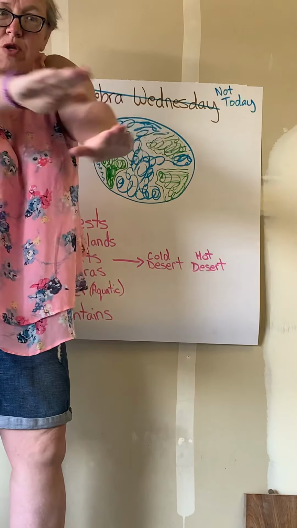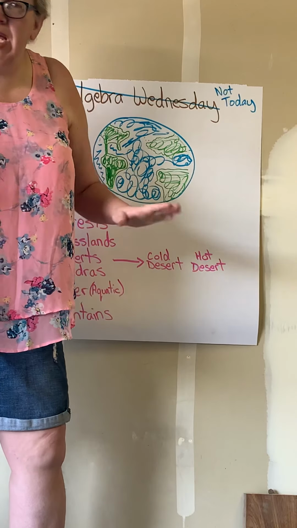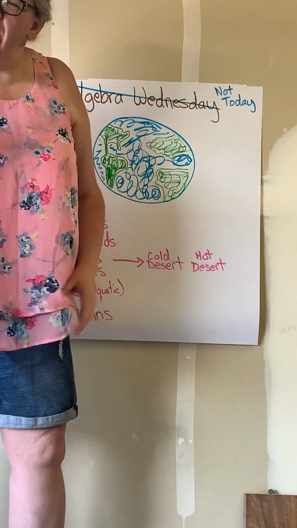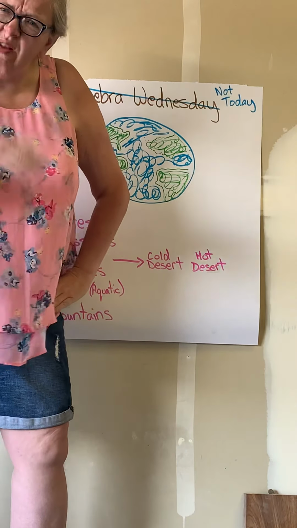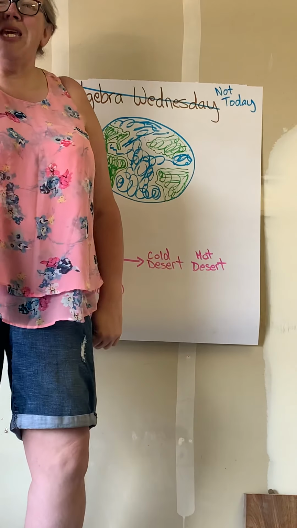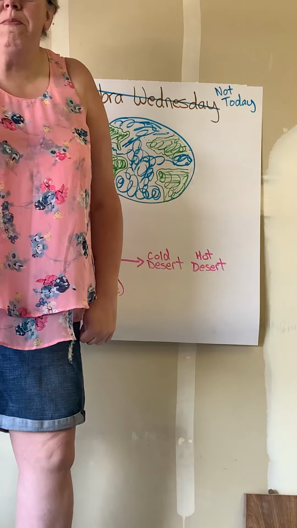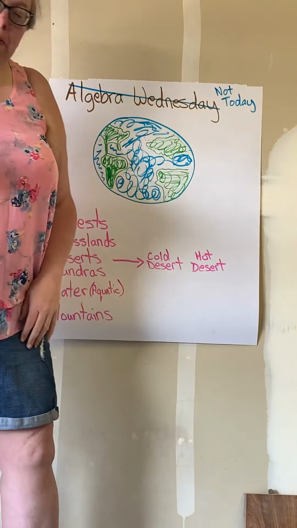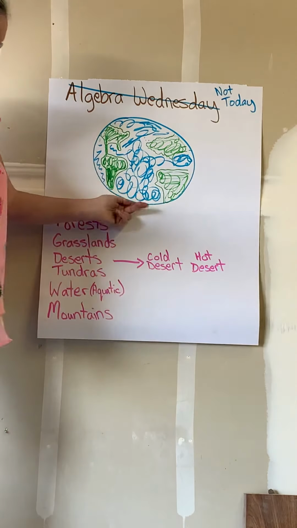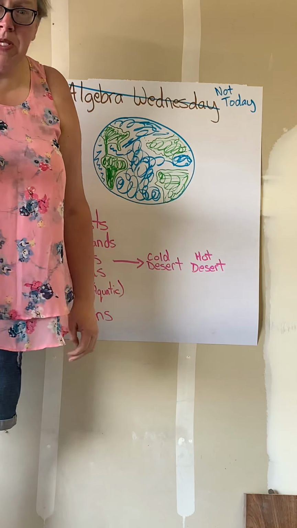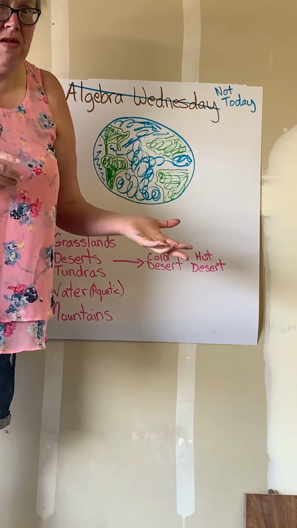You may see, when you look up pictures of Antarctica, it's covered in white. Yeah, and you're thinking, why is that a desert if it's covered in snow? Well, it doesn't get much precipitation, okay? So, Antarctica. But it doesn't get much precipitation, but it's still covered in snow.